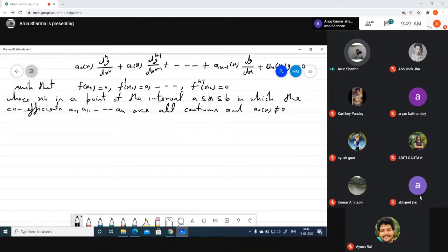So what is the conclusion then? The conclusion is that f(x) equals 0 for all x on a less than or equal to x less than or equal to b.